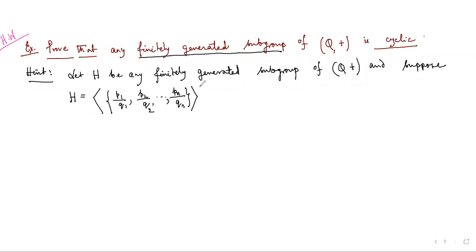If a particular set is generated by a finite set, then the set is called a finitely generated set.